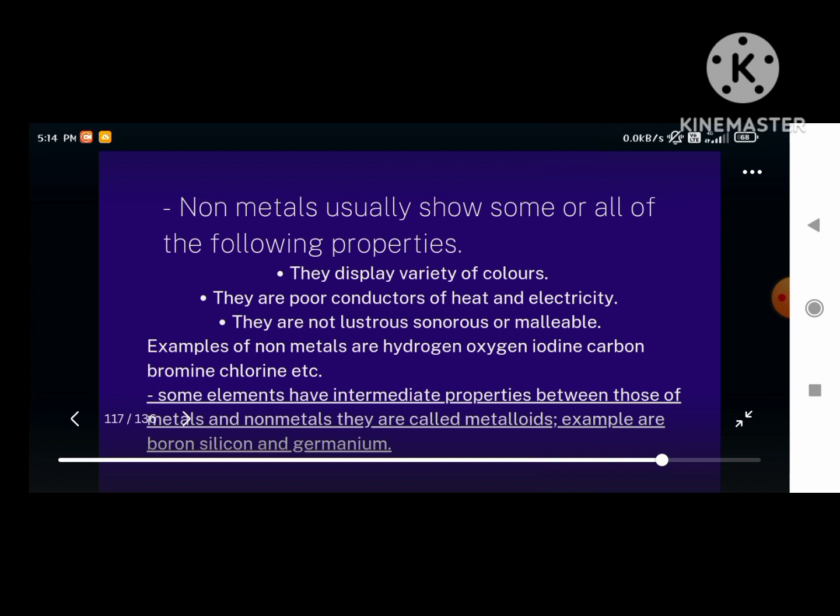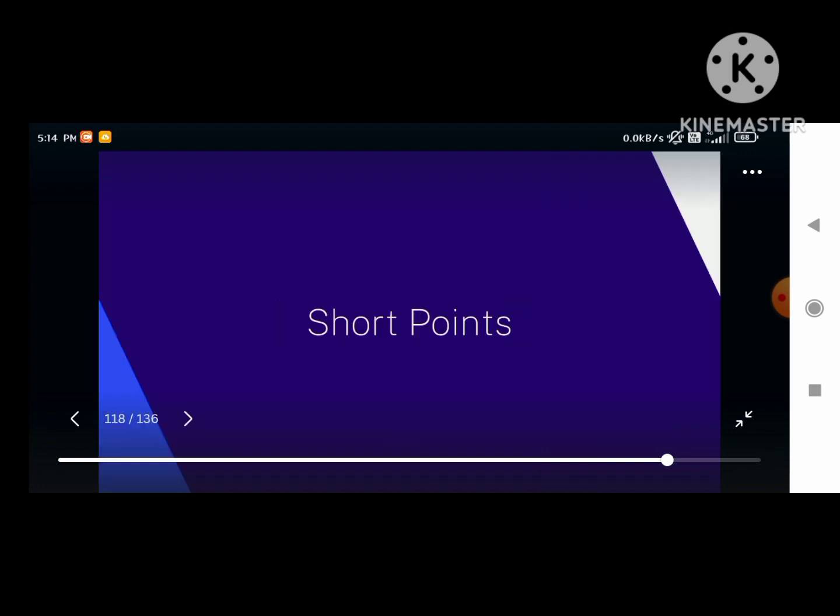Examples of non-metals are hydrogen, oxygen, iodine, carbon, bromine, chlorine, etc. Some elements have intermediate properties between those of metals and non-metals. They are called metalloids, for example boron, silicon, germanium.